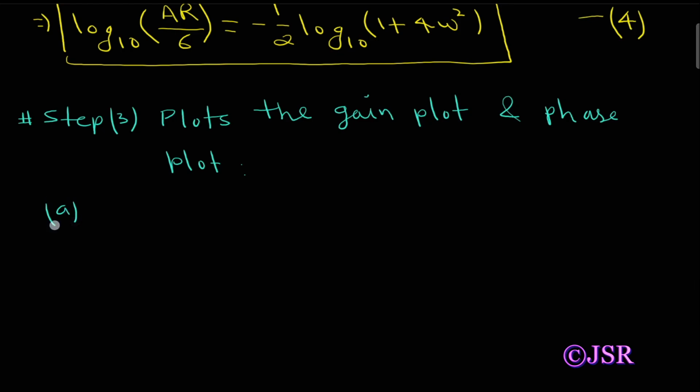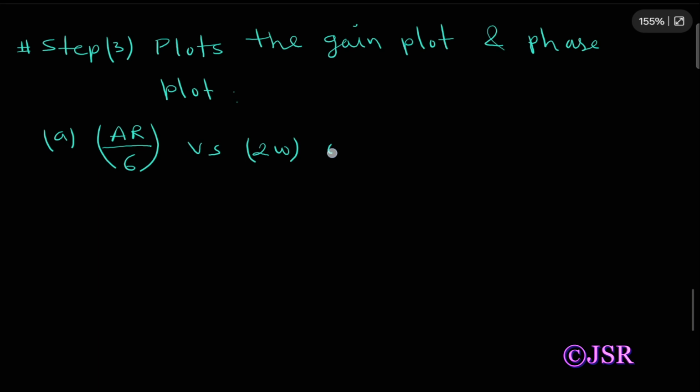So let's say we are interested to plot AR upon 6 versus 2 omega on log 10 scale.